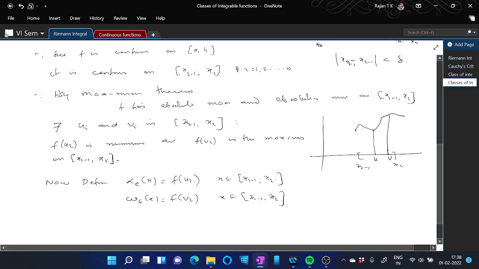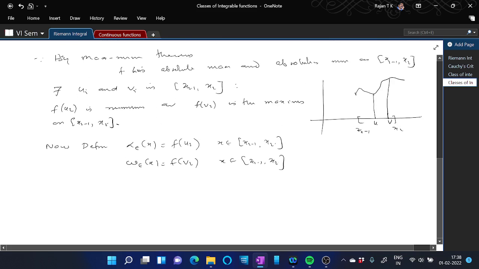Clearly, alpha_epsilon and omega_epsilon are step functions, and this is defined for all i equal to 1 to n.